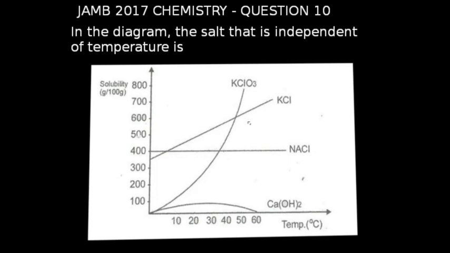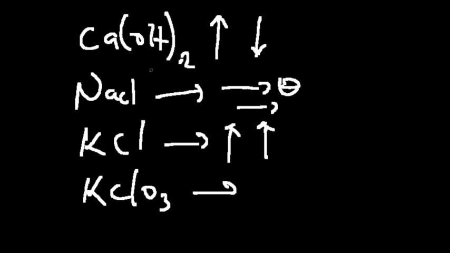So if we look at this diagram critically, we can deduce the following: that Ca(OH)2, calcium hydroxide, rises and falls with increase in temperature, and there is a minimal increase in solubility as temperature increases for sodium chloride, and there is a rapid increase in solubility with increase in temperature for KCl.